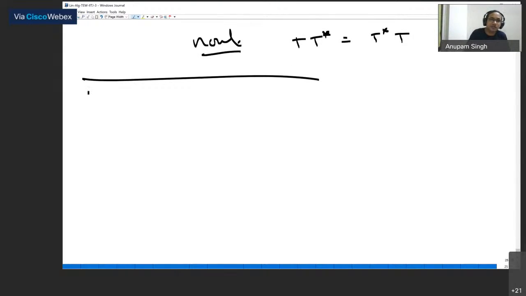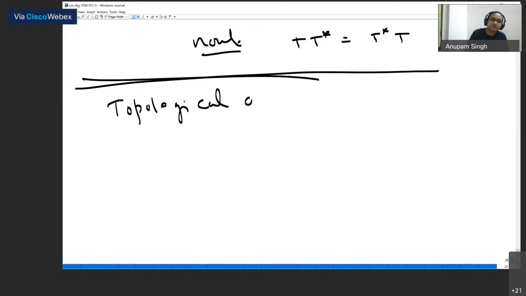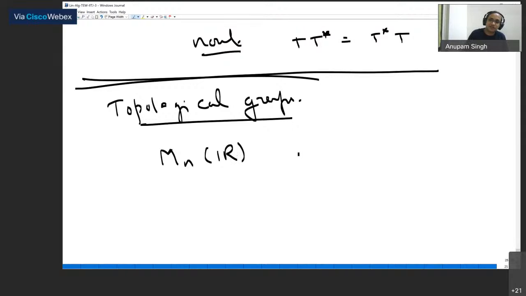Otherwise, I just wanted to tell a little bit about some examples of topological groups here. If I think of, let's say, N by N matrices over the reals, or we can also think of matrices over the complex numbers, I can think of this as N square coordinates.